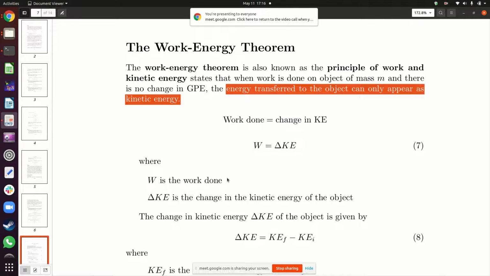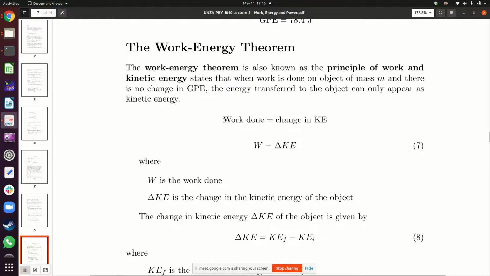So if you perform work on an object on a flat surface, with no change in gravitational potential energy, then the energy you transfer to this object of mass m as a result of the work you have done will show up in the object as kinetic energy. So basically it means that the object is going to move with a certain velocity. This is the statement of the Work-Energy Theorem.